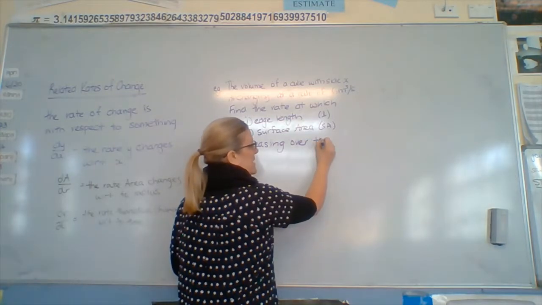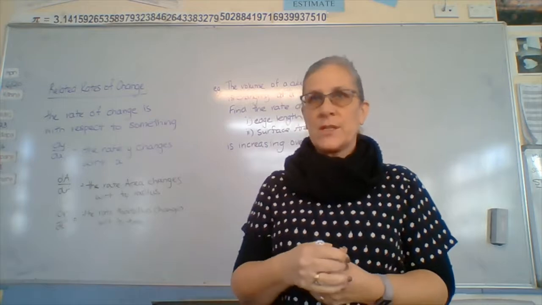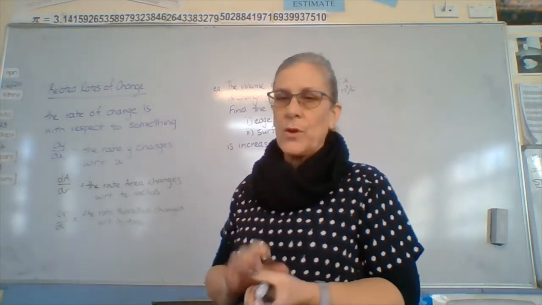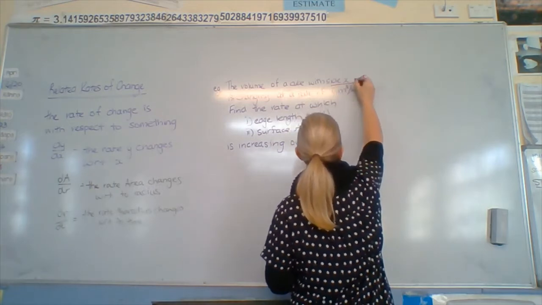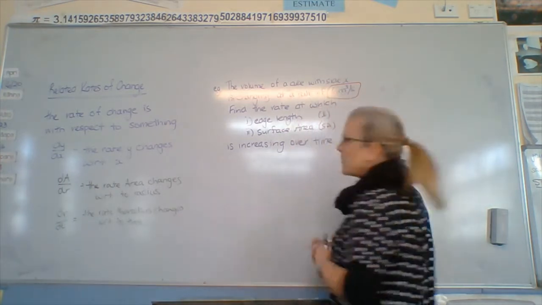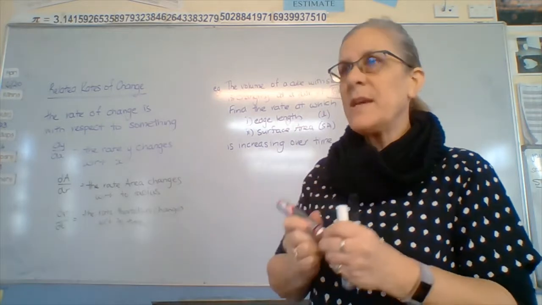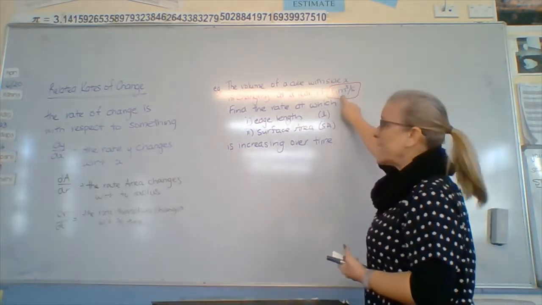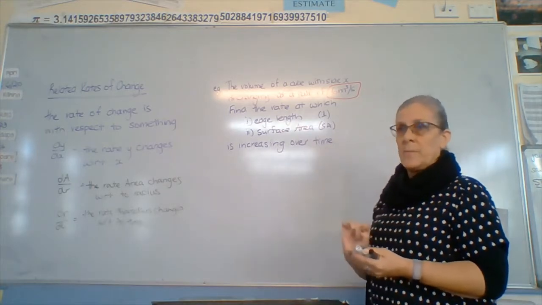One of the biggest hints you can have is the measurement unit. That gives you an awful lot of secrets. The measurement unit here is meters cubed per second. That tells you that you are probably going to be looking at volume over time.